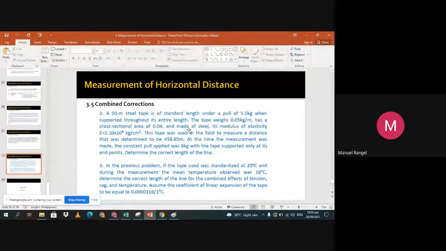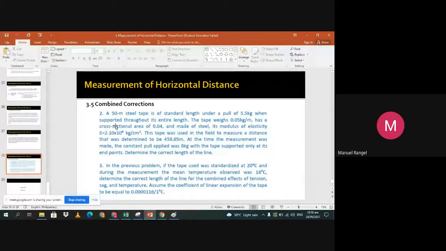Okay, for problem number 2, so combination. So kindly solve number 2 and 3, part of your seatwork. A 50-meter steel tape is of standard length under a pull of 5.5 kilogram when supported throughout its entire length.